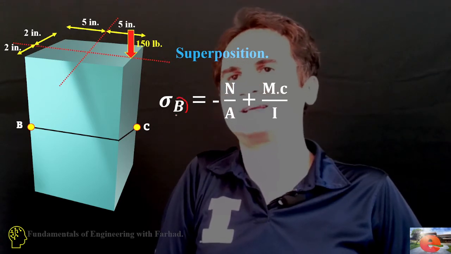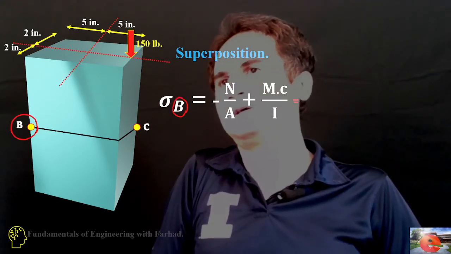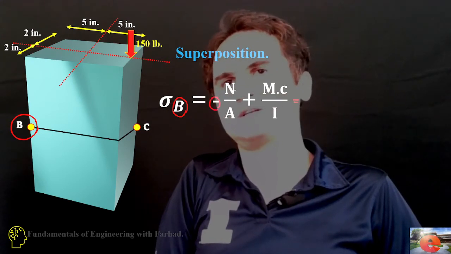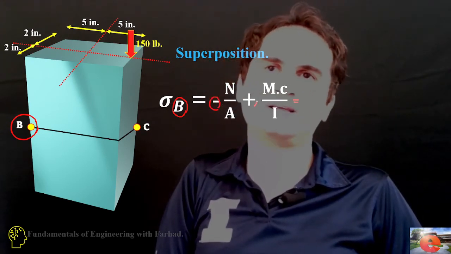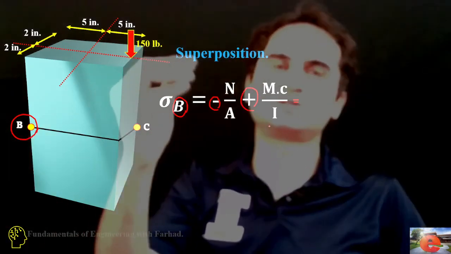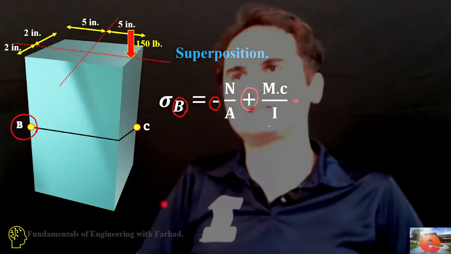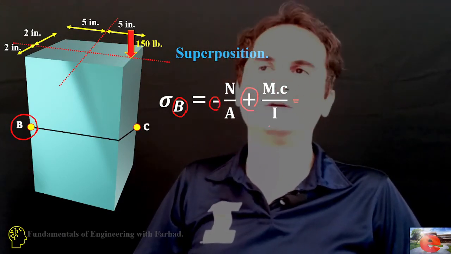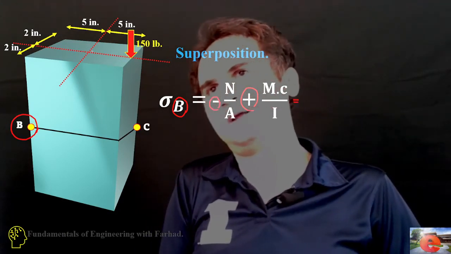The stress at B is a compressive stress of negative 3.75 plus a positive Mc over I. Definitely point B experiences a push of this amount of force over the whole area.